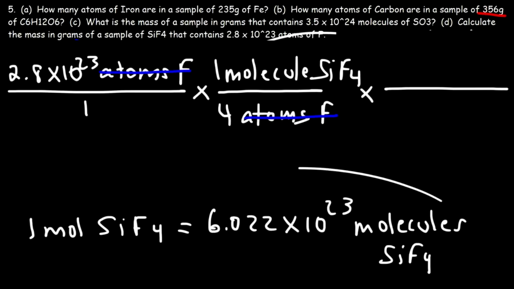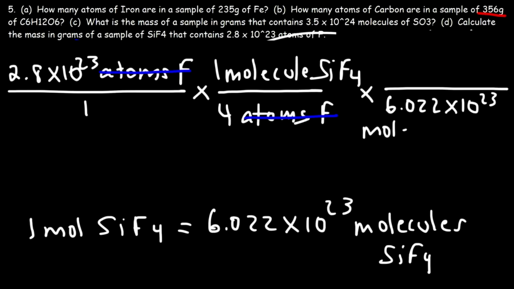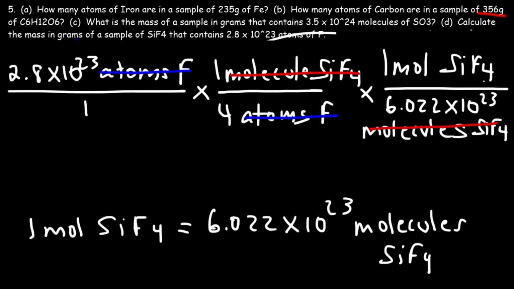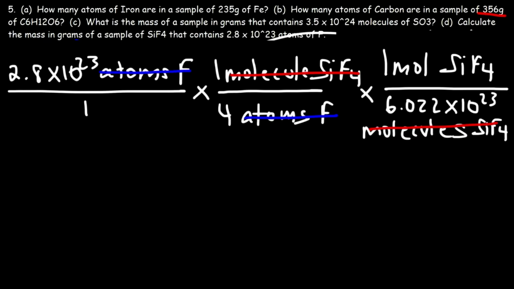So I need to put this part on the bottom. And so I could cancel these units. And on top of the third fraction, I'm going to write 1 mole of silicon tetrafluoride. Now the last step is to convert from moles to grams.